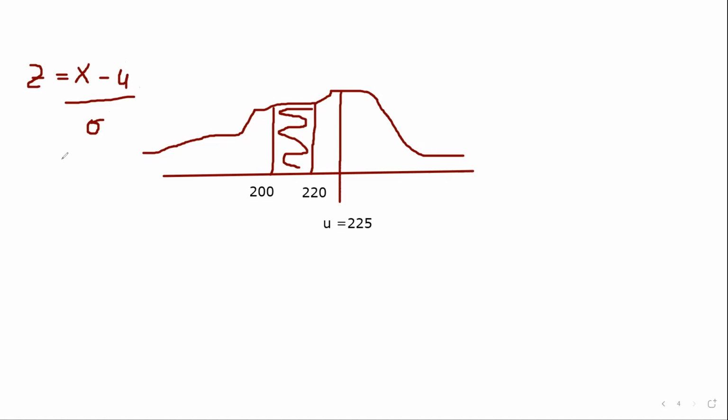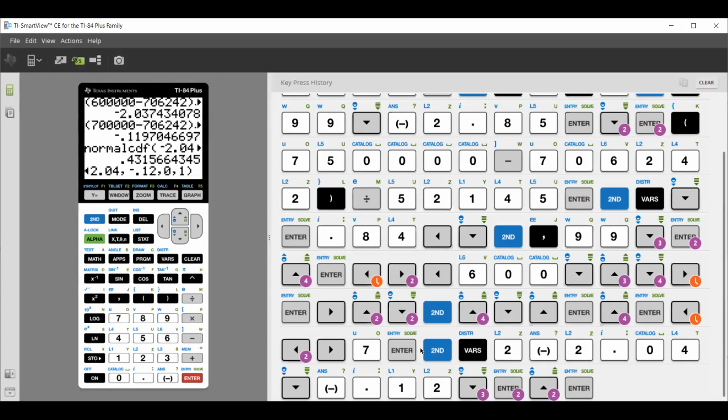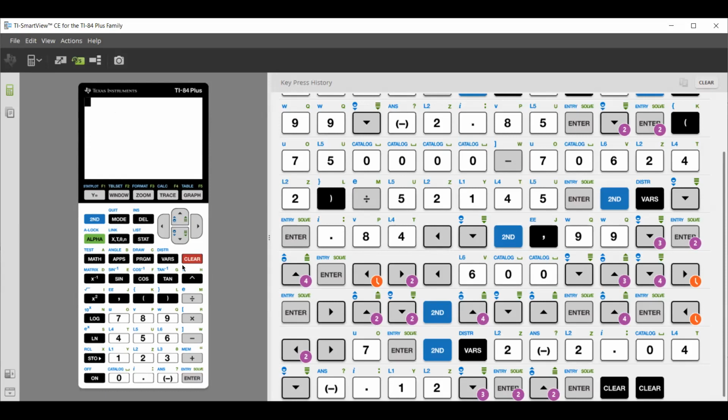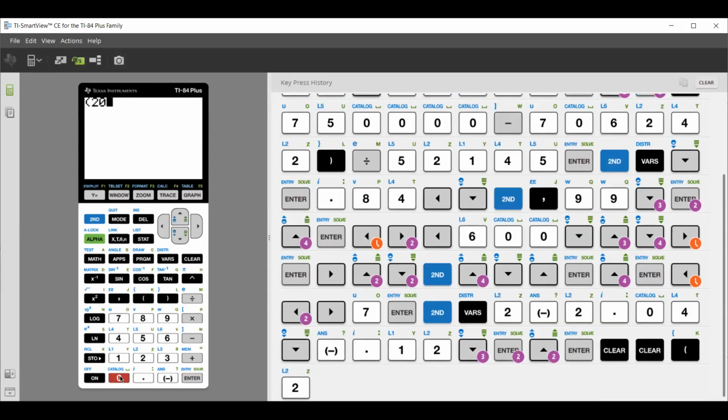So here you get, let's come to the calculator and let's do this. So we have 200 minus 225 over 10.